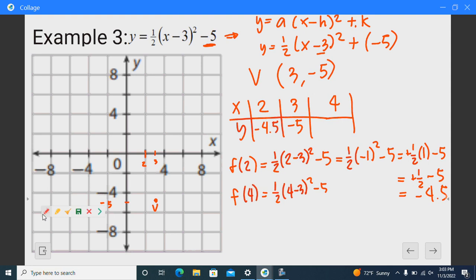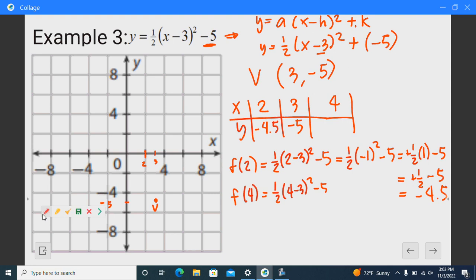It's 1 half minus 5. That would give us negative 4.5. Still negative 4.5. Therefore, let's plot it. 2 and negative 4.5, and 4, still negative 4.5. Therefore, we have this graph now.